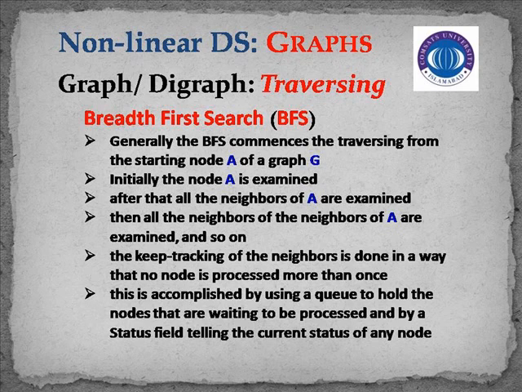The keeping track of the neighbors is done in a way that no node is processed more than once. This is accomplished by using a queue to hold the nodes that are waiting to be processed and by a status field telling the current status of any node.